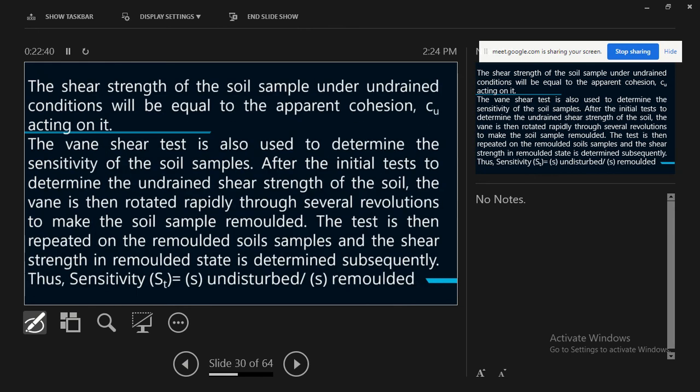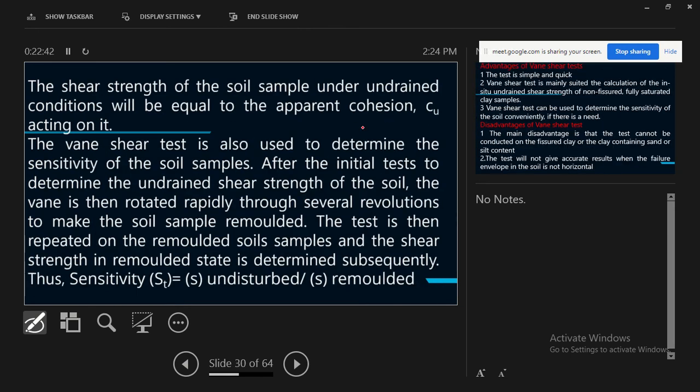Okay. So the shear strength of the soil sample under undrained condition is equal to the apparent cohesion Cu. Of course, this is based on some other theory: the experiment takes a very short time, and when the vane shear rotates, even when there is an undrained condition, the time is too short.